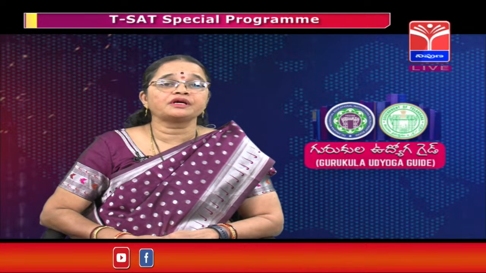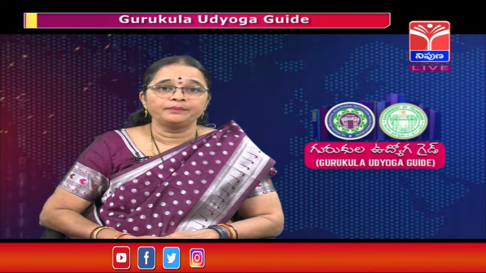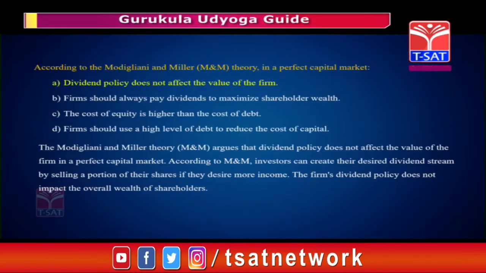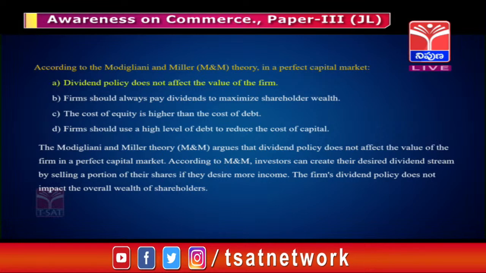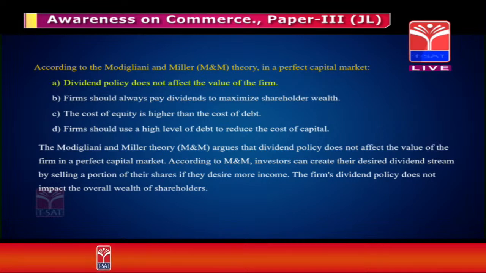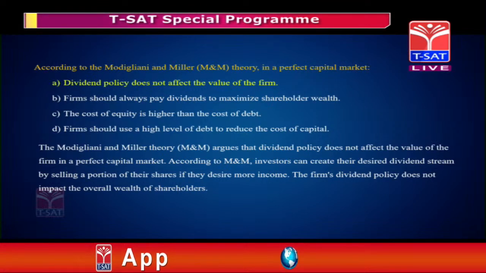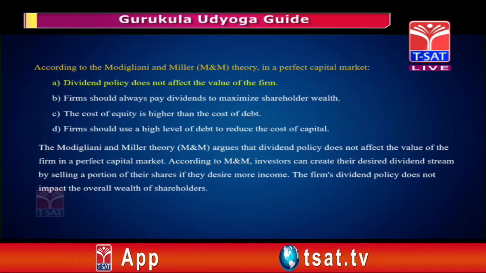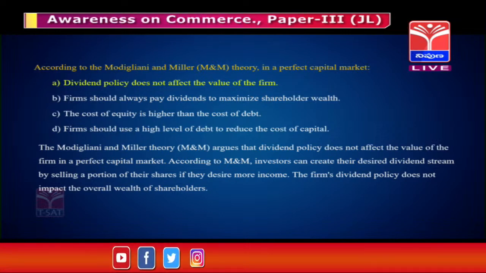The options given are: A, dividend policy does not affect the value of the firm. Firms should always pay dividends to maximize shareholders' wealth. The cost of equity is higher than the cost of debt. Firms should use a high level of debt to reduce the cost of capital.